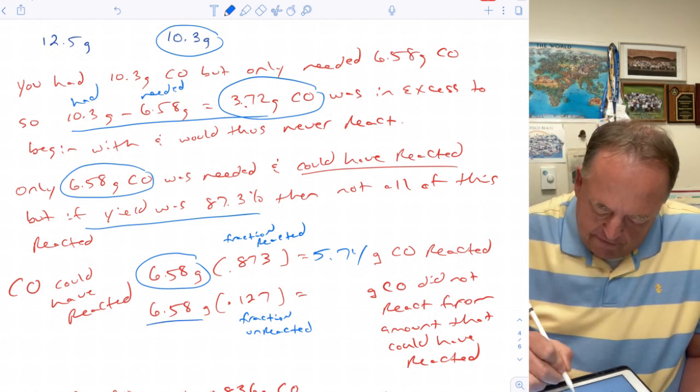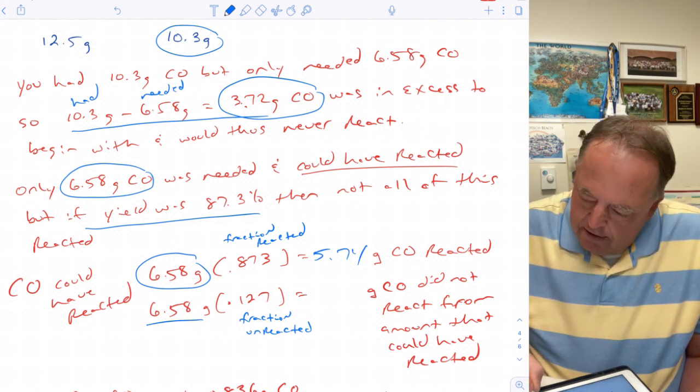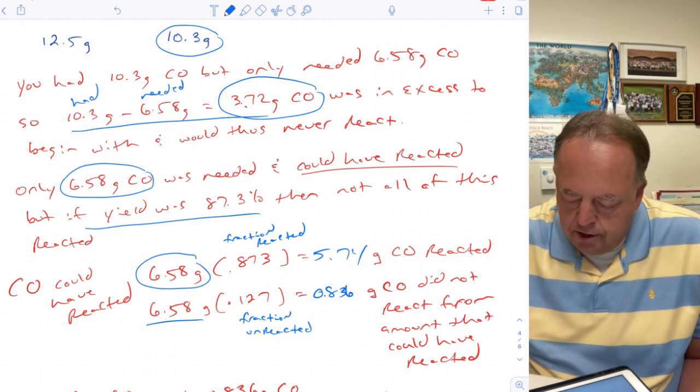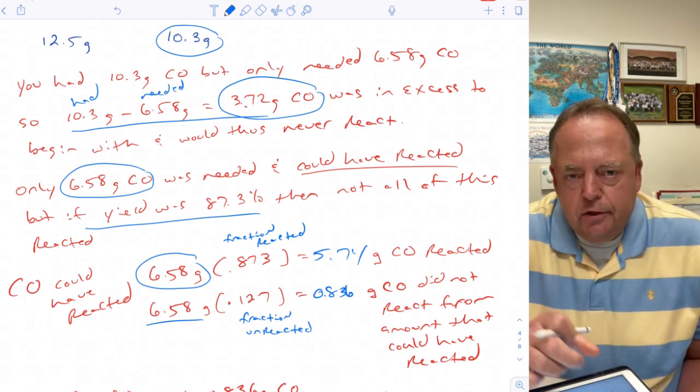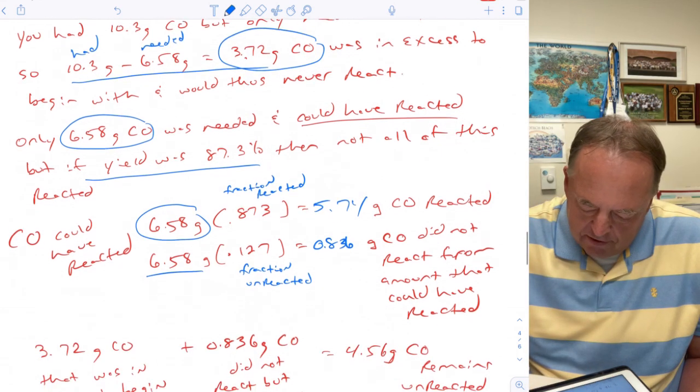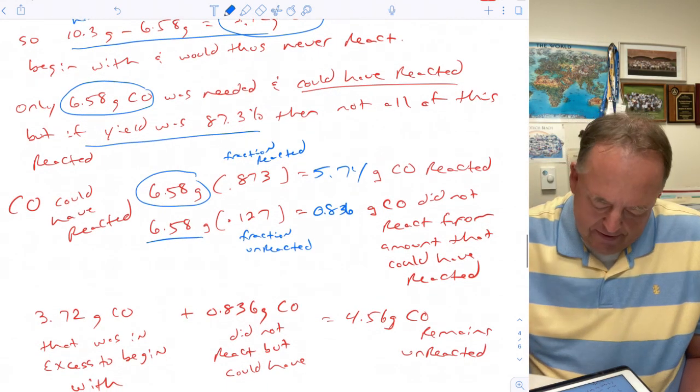Or 6.58 grams times 0.127 gives you 0.836 grams that did not react out of the portion that could have reacted. So hopefully that's all making sense so far.